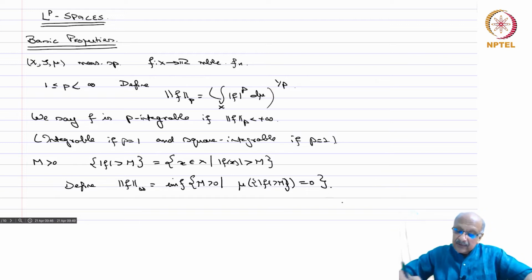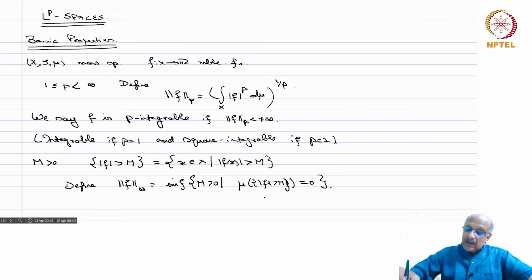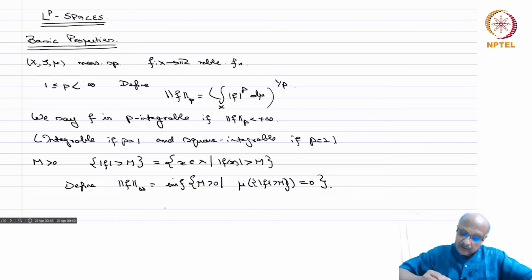Okay, so this means f(x) is bigger than m only on a set of measure 0. So then you call this m an almost upper bound, because almost everywhere f(x) is less than or equal to m, and the smallest such number, the infimum of all these, is called the essential supremum of f.